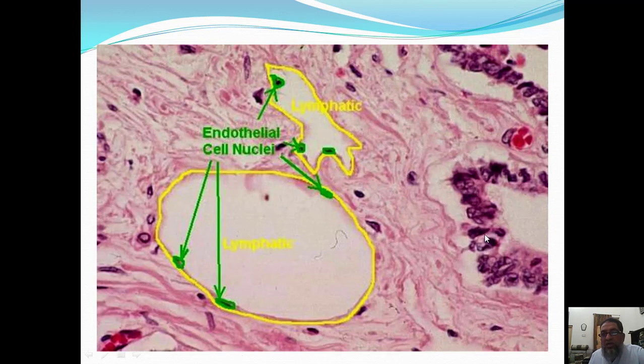This is again a structure with this type of luminal structure, but this is the blood capillary having RBCs over there, but you concentrate on this lymphatic channel, larger in diameter. The endothelial cells are widely apart. This is the distorted lymphatic capillary in the diagram. This is actually stained.